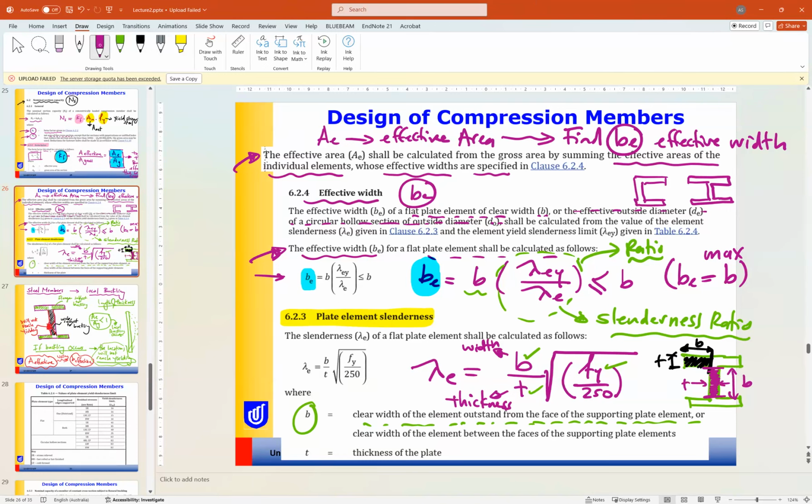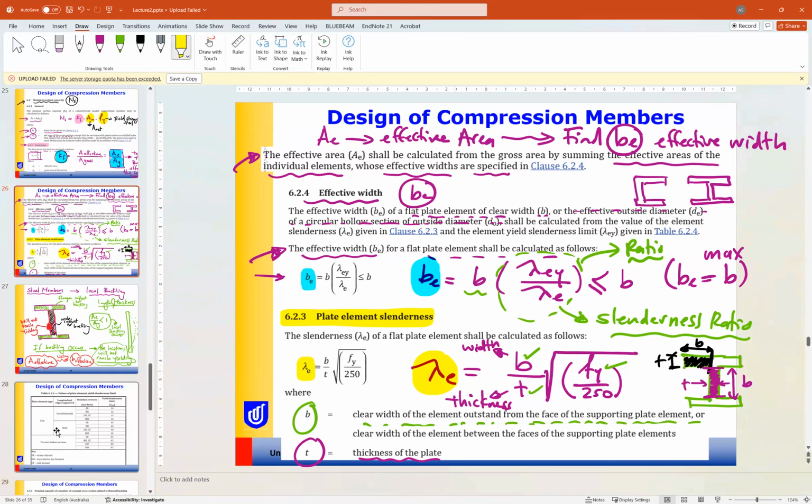T is the thickness of the plate. So if you know B and T, you can find the factor lambda E, or lambda effective, the slenderness of the member.